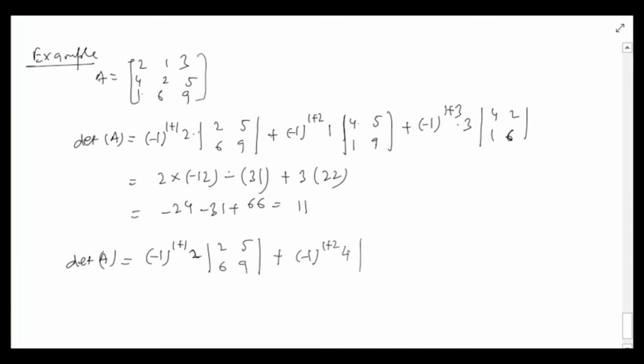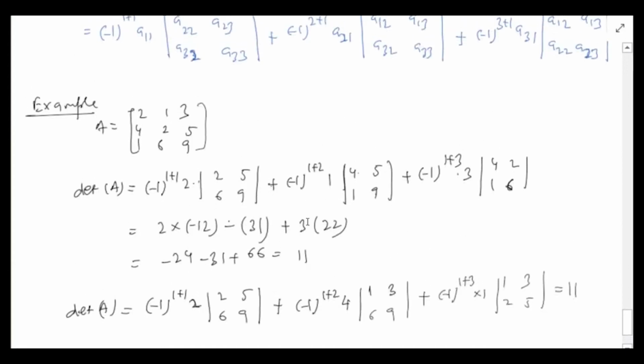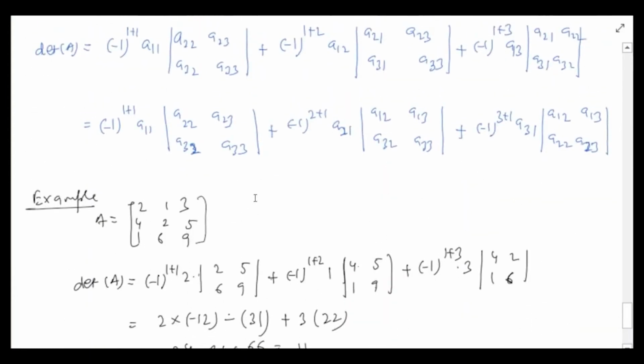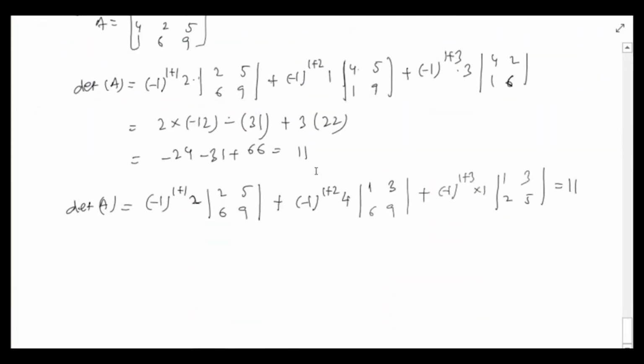Now I'll ignore the first column and the second row, and here I'll have 1 3, 6 9. Finally, I'll have minus 1 raised to 1 plus 3 into 1 into 1 3, 2 5. It can be seen that I'll get the same final answer as before, that is 11. In fact, as I stated earlier, I could expand along any row or any column. So this is how we define determinants of 3 by 3 matrices.